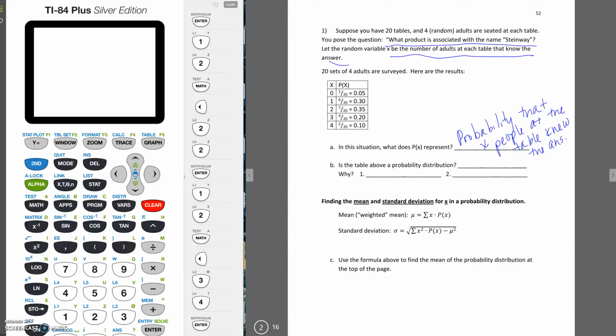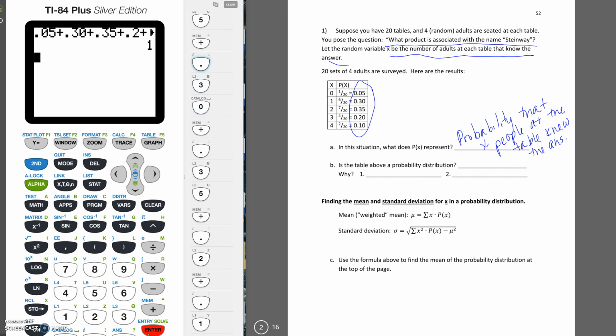So is this a probability distribution? First we want to check all of these. Are these numbers all between 0 and 1? They can't be negative and they can't be bigger than 1. So that's yes. Now the other thing we need to check is, do they add up to 1? So if we add these up, 0.05 plus 0.30 plus 0.35 plus 0.2 plus 0.1, those add up to 1.